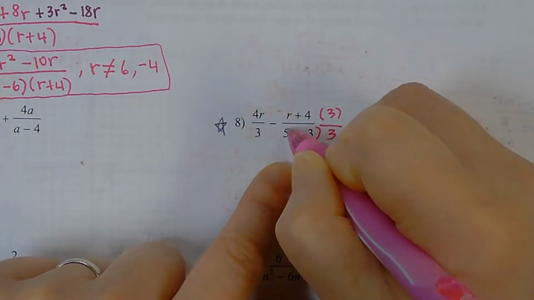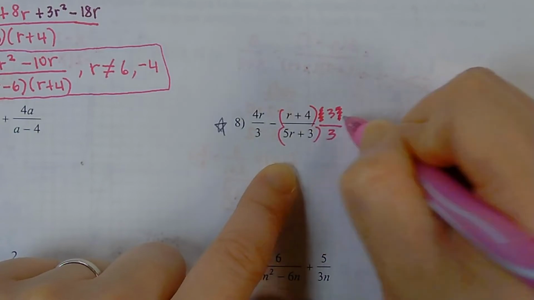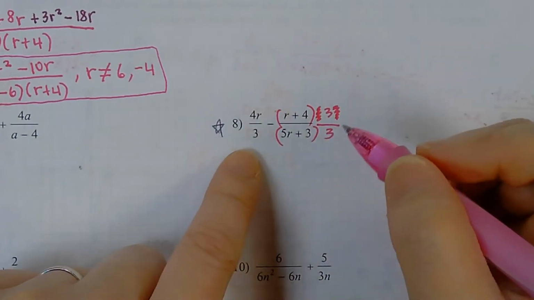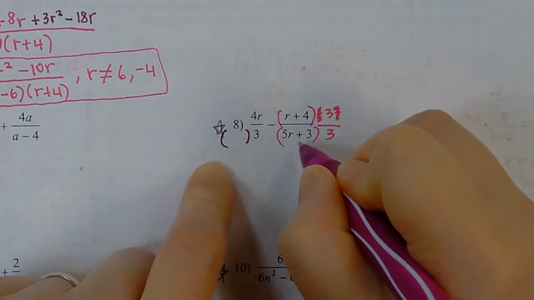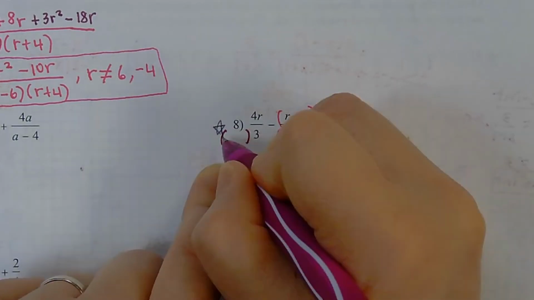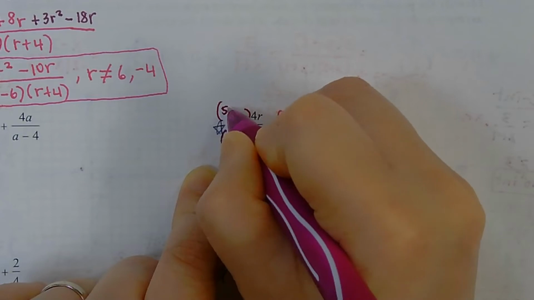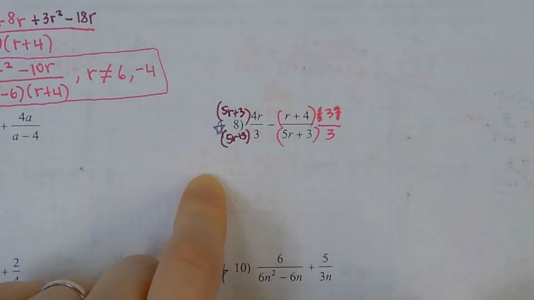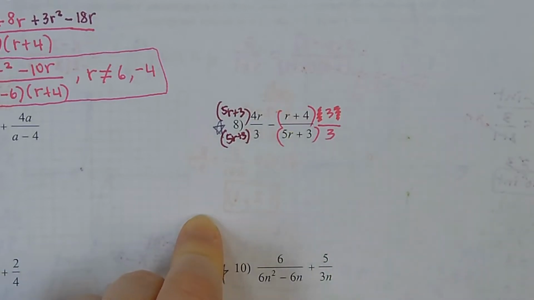I should have just done the parentheses with that guy instead of with the 3. Just saying. Because 3 is just a monomial. And then we're going to multiply the other guy with 5r plus 3. Right, just like that.